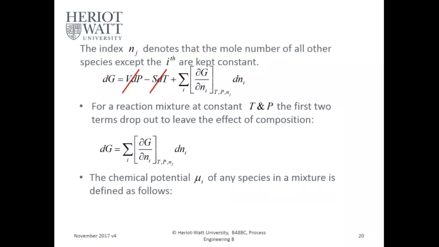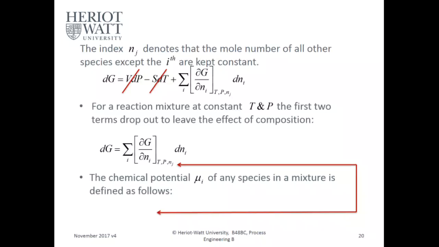So the chemical potential mu i of any species in a mixture is defined as follows. So mu i equals change in G over change in Ni with respect to temperature, pressure, and changing species Ni.